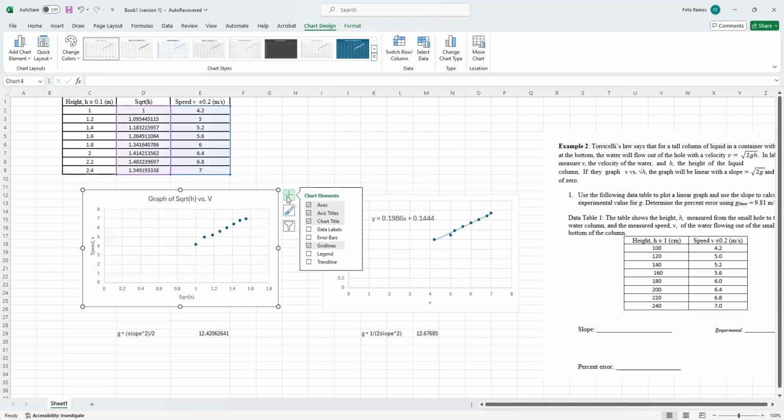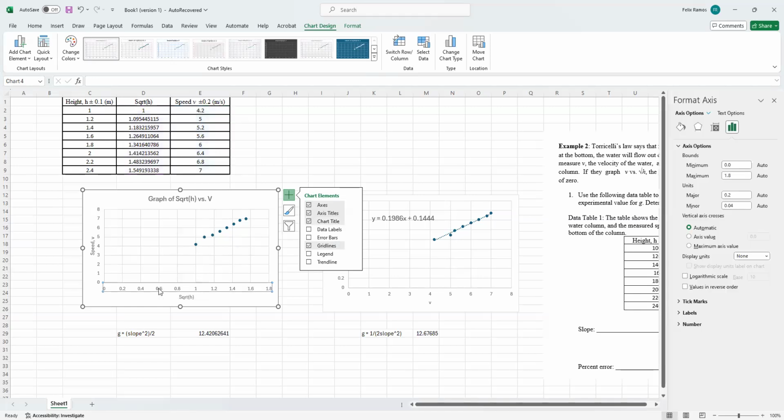I can also modify, for example, well, you can add data labels. I could modify these values because, as you see, the graph is starting almost at 1 here in the SQRT of H. So I can just make the minimum closer to 1.